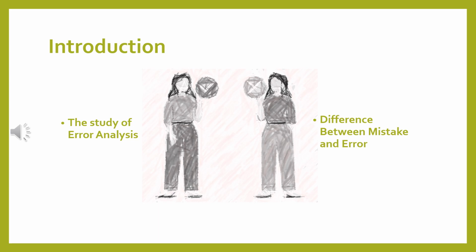An error is something that people don't realize that they're making, so therefore someone has to point that out to them. Instead, a mistake is a slip that happens, as Brown says, 2007, that it's just a slip, it's something that comes out naturally, but the person who says it can quickly make a correction.